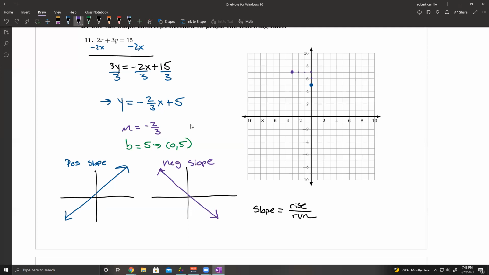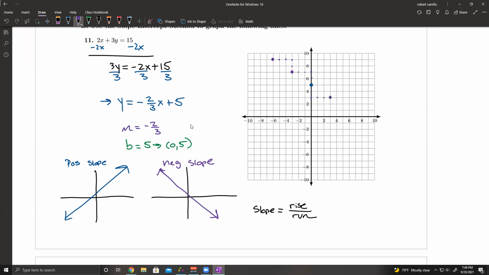Now do it again. From the point we just found, rise 2 units, 1, 2, and run to the left 3 units. There's my next point. Now we can reverse the process. Go back to your y-intercept, go down 2 units, 1, 2, and run to the right 3. 1, 2, 3.